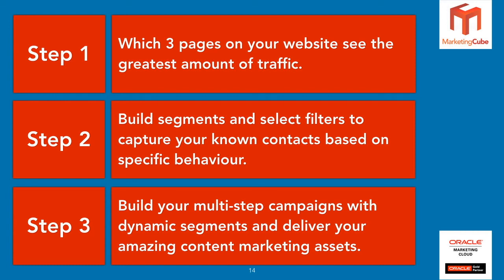So let's go into Eloqua, because what we need to do is build a segment and then also add that segment to a multi-step campaign. So let me just get Eloqua ready here for you.